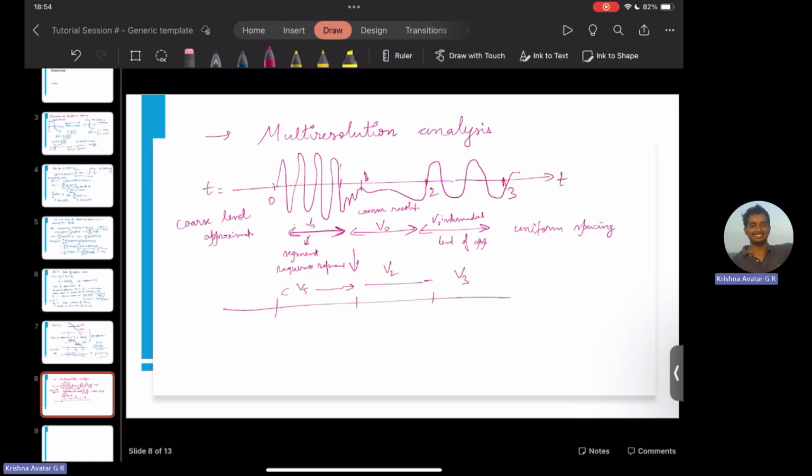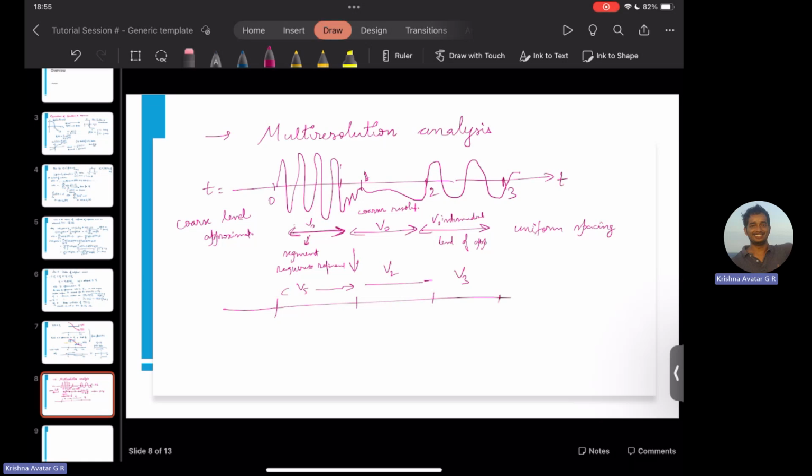Then what we saw is that over the interval 0 to 1, we had to refine one step further using our basis function, which happens to be, so far we have learned about, Haar wavelets. So we use Haar wavelets to accommodate the difference in approximation. Likewise, we repeated it for the intervals 1 to 2 and 2 to 3.